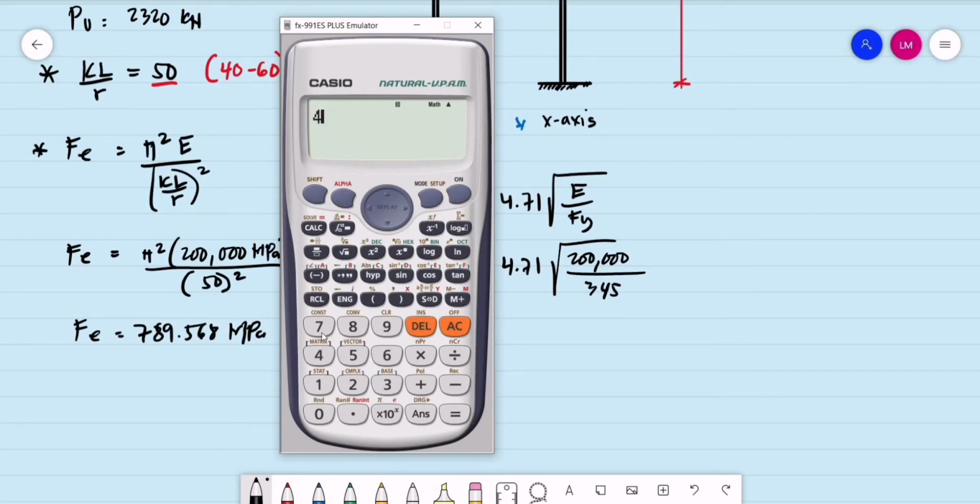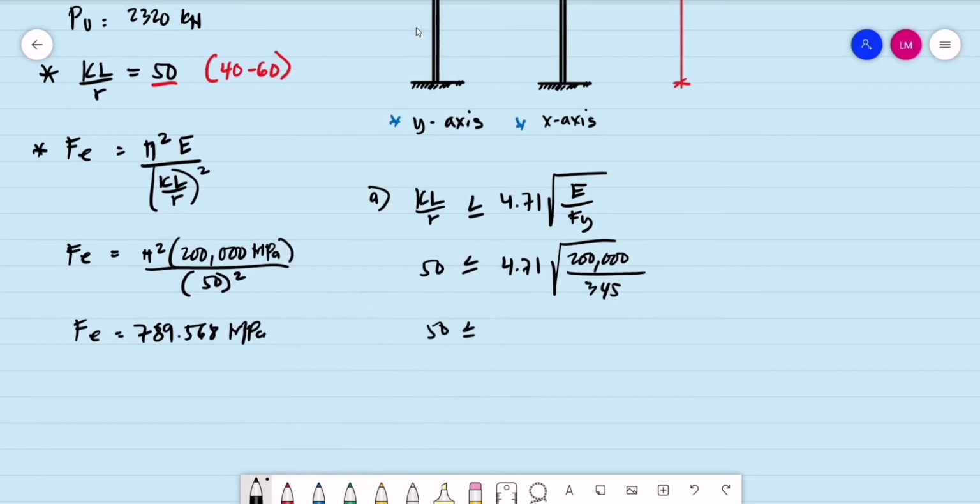That is 113.403. Since our slenderness ratio is less than the value on the right, we can now compute for our F sub CR.